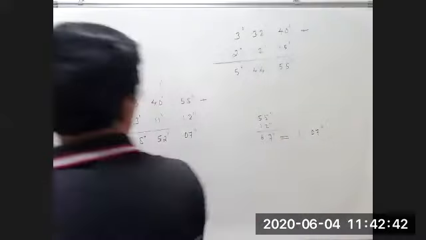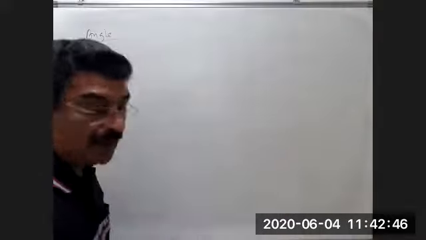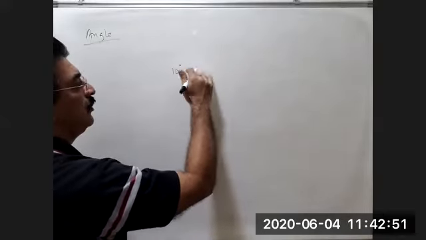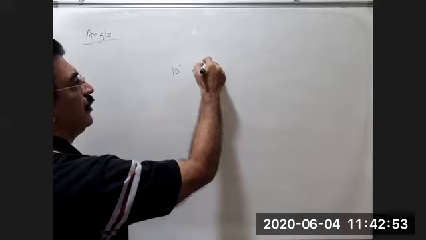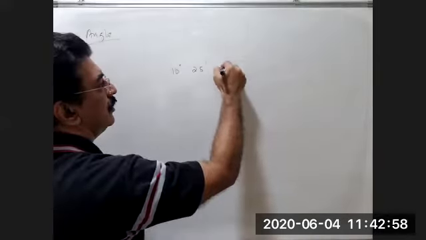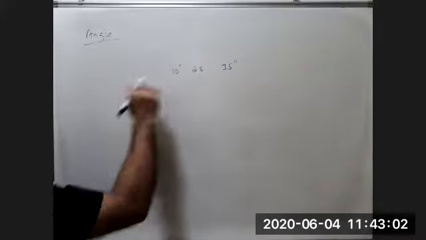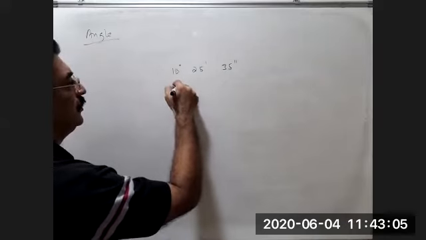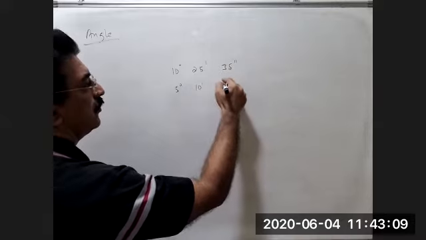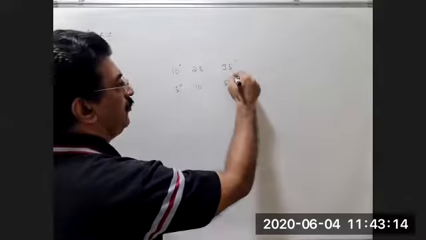Similarly, for subtraction also. Subtraction, for example, 10 degrees, 25 minutes, 35 seconds, from this, 5 degrees, 10 minutes, 55 seconds.